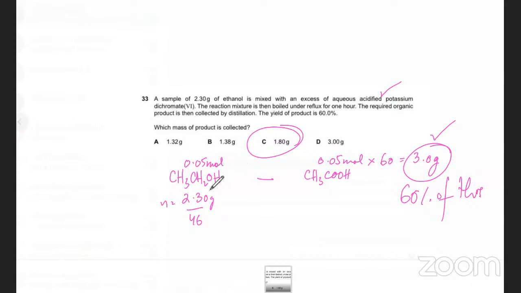Now you had ethanol, 2.3 grams. How many moles is that? That's divided by 46, the MR of ethanol. So that will give you 0.05 moles. Now ethanol getting oxidized turns into carboxylic acid, so 1 mole produces 1 mole. 0.05 moles will produce 0.05 moles. Find the mass. How do you find mass? You multiply it by the MR, which is 60 in this case.